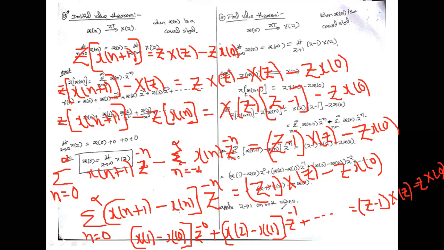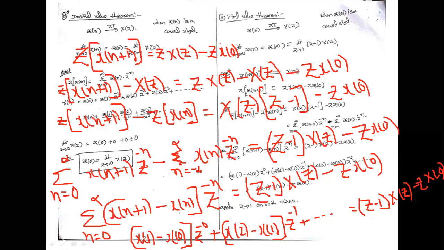So expand, now take the limit z tends to 1 on the right-hand side in this equation. Here also you can take the limit z tends to 1 on the left-hand side. z is 1, and anything to the power 1 is 1 only.